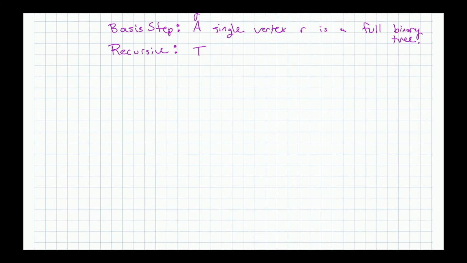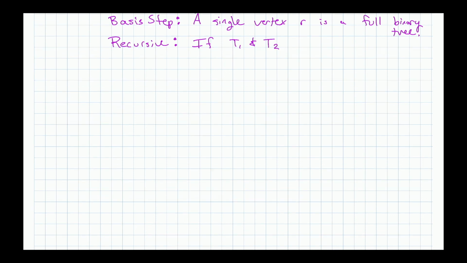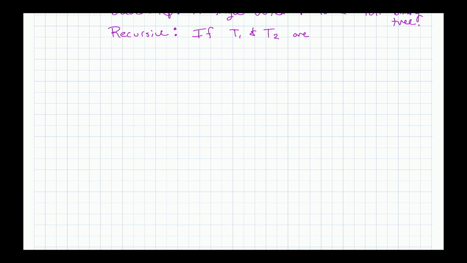So if T1 and T2 are disjoint full binary trees with roots R1 and R2.